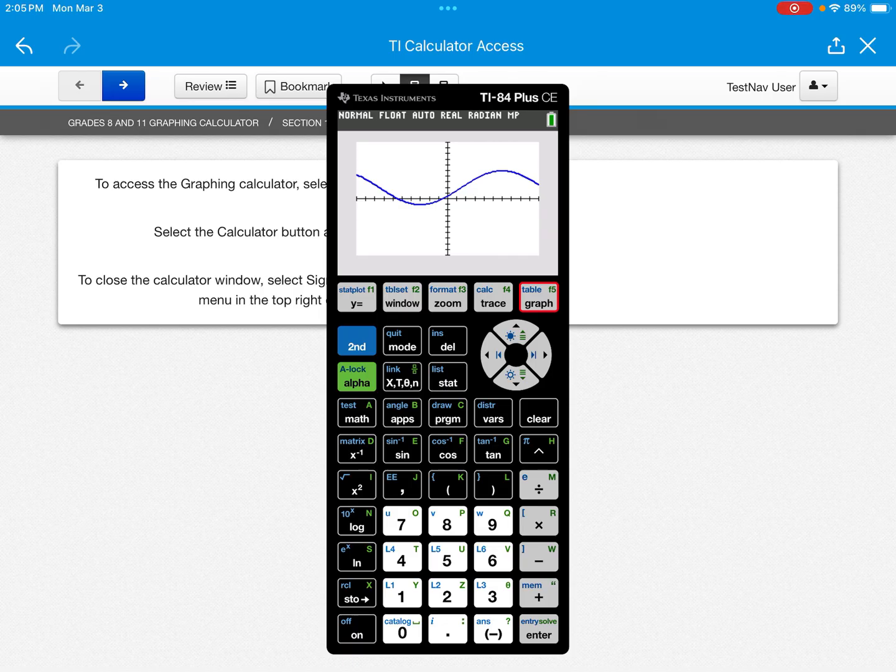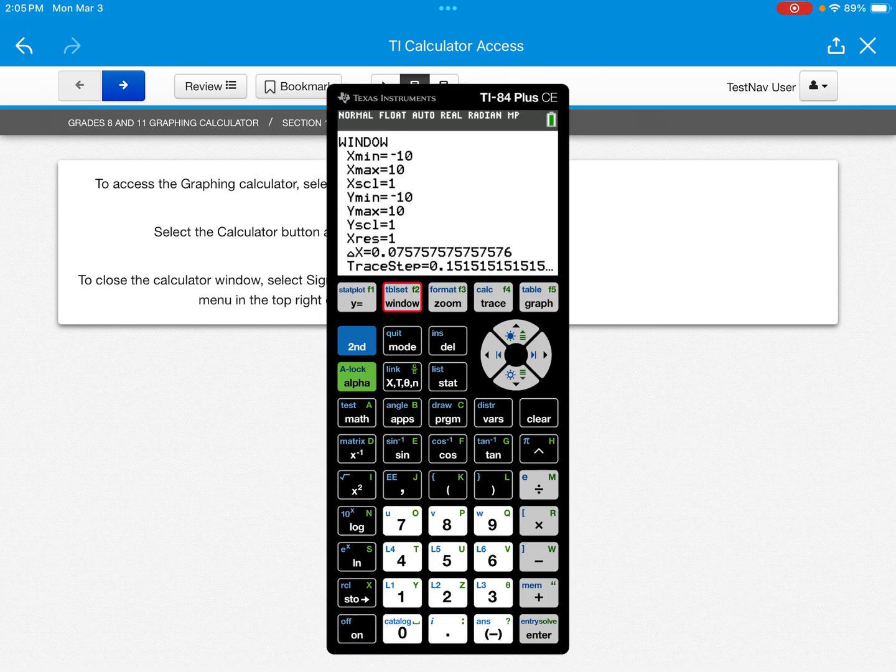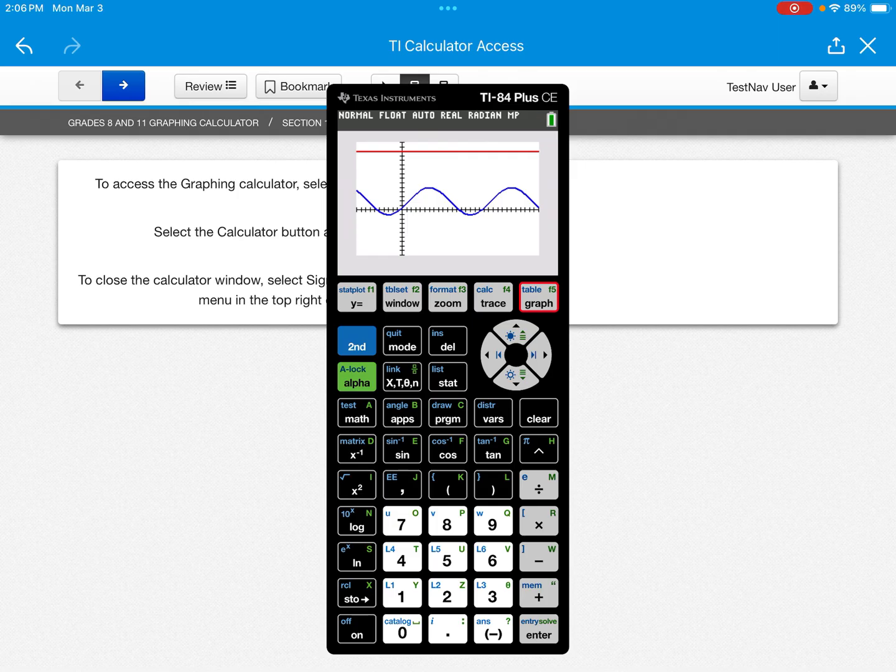And that's because that y2 is 13, and on our window, our y max only goes to 10. We're going to want the x max a little bigger, and we're going to want the y max a little bigger. When we graph this, there are no intersection points. This trig function never reaches a y value of 13.